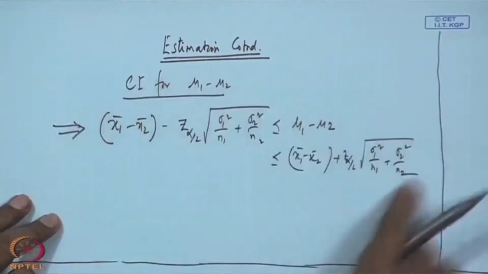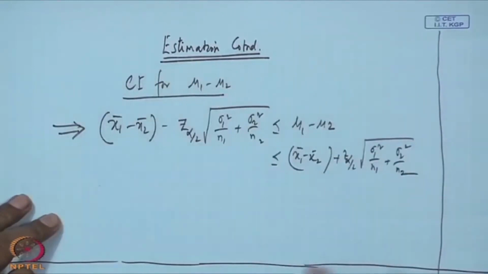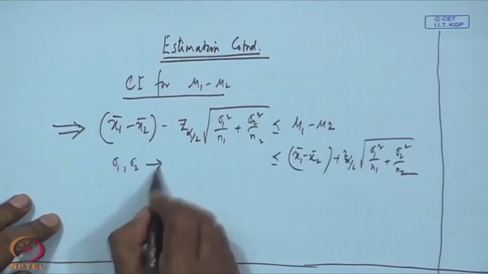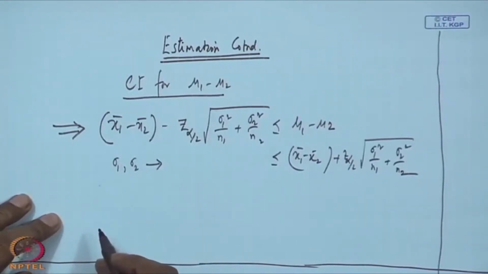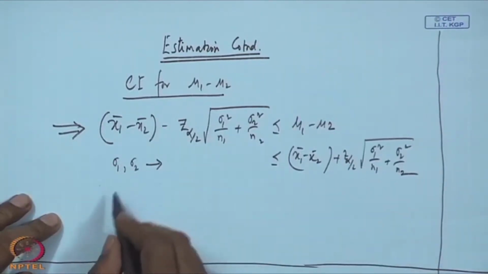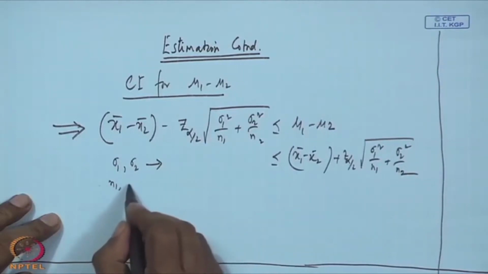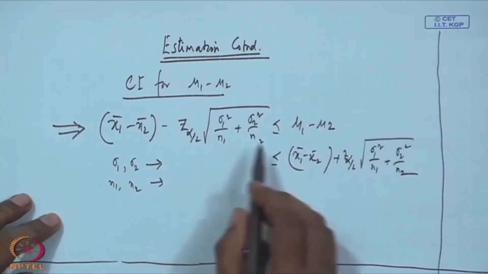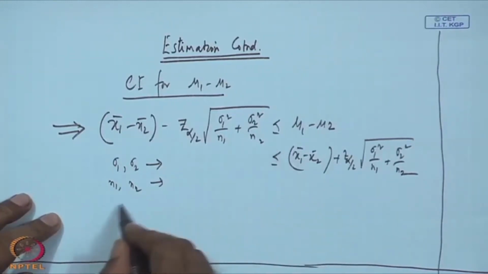Using this formula, what are the prerequisites and conditions? First of all, sigma 1 and sigma 2 must be known, and you will be collecting samples of sizes N1 and N2 from normal populations.